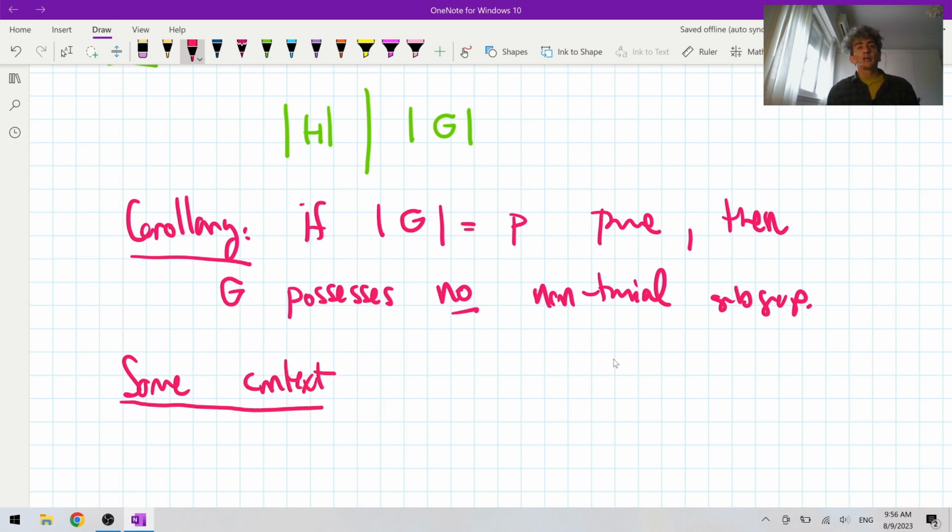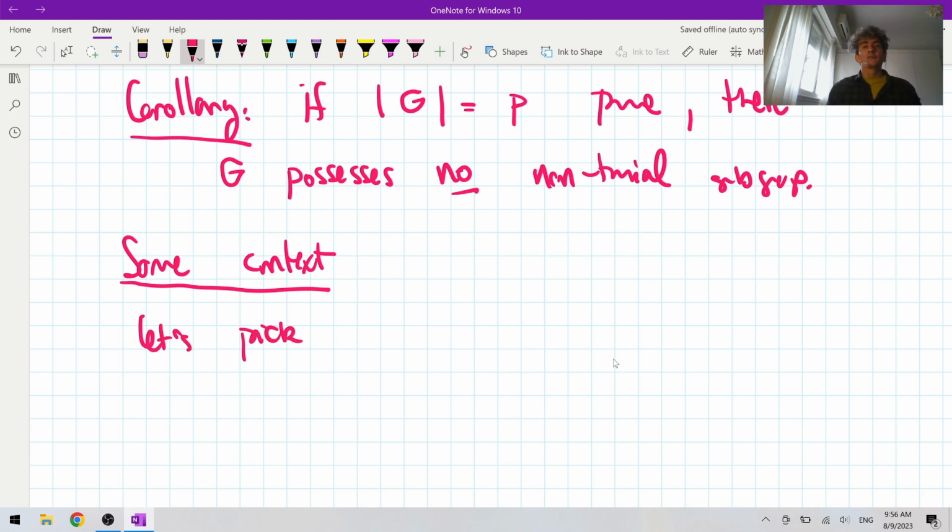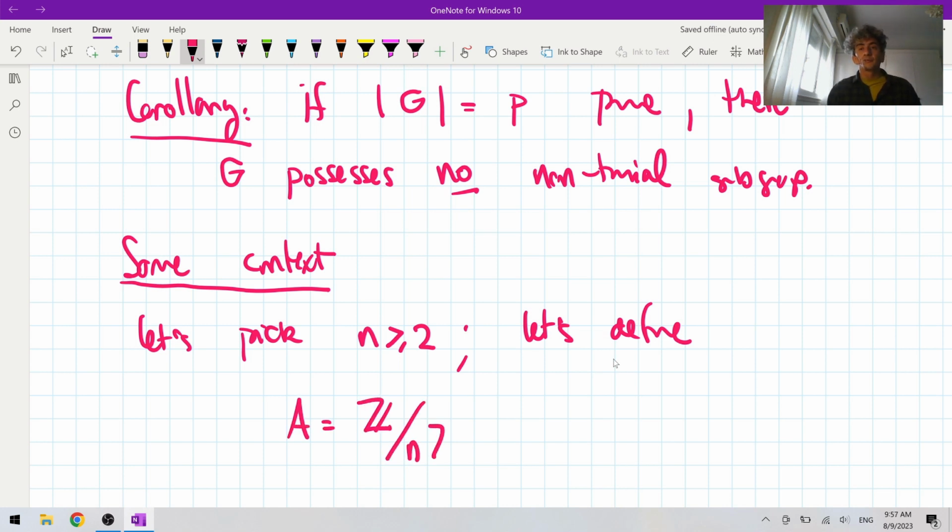Okay, so we're gonna try to put this into a more familiar context. When does this situation arise? For instance, let's pick a natural number n greater or equal to 2, and let's define A, the quotient Z over nZ.